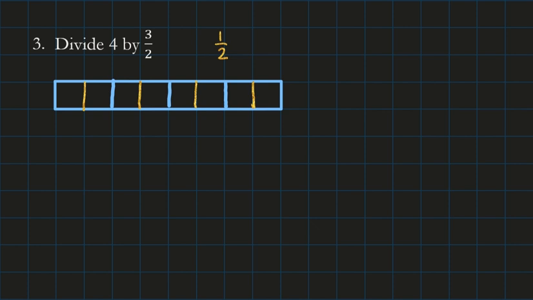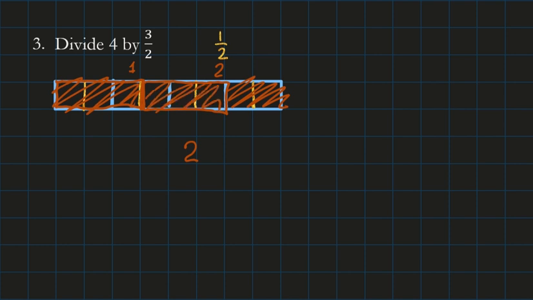And then I'm going to choose 3s out of these. So the first one will be the first 3. 1, 2, 3. That's 1. 1, 2, 3. And that is 2. Now because I am counting in 3s, and I have only 2 left, what I have here is 2 wholes, because this is the first one and this is the second one.